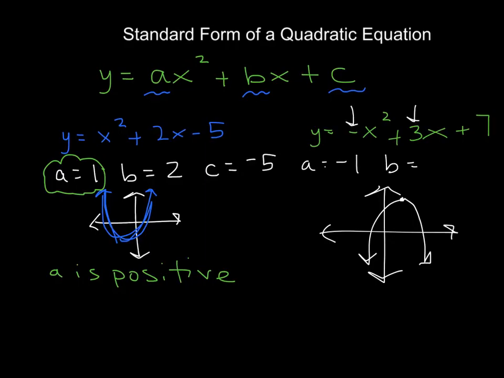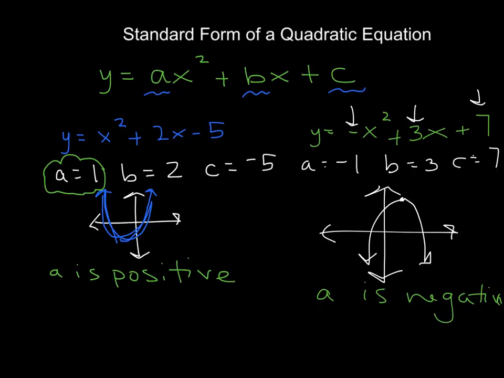B is positive 3, and c was 7. So over here, when a was negative, my parabola opened down.